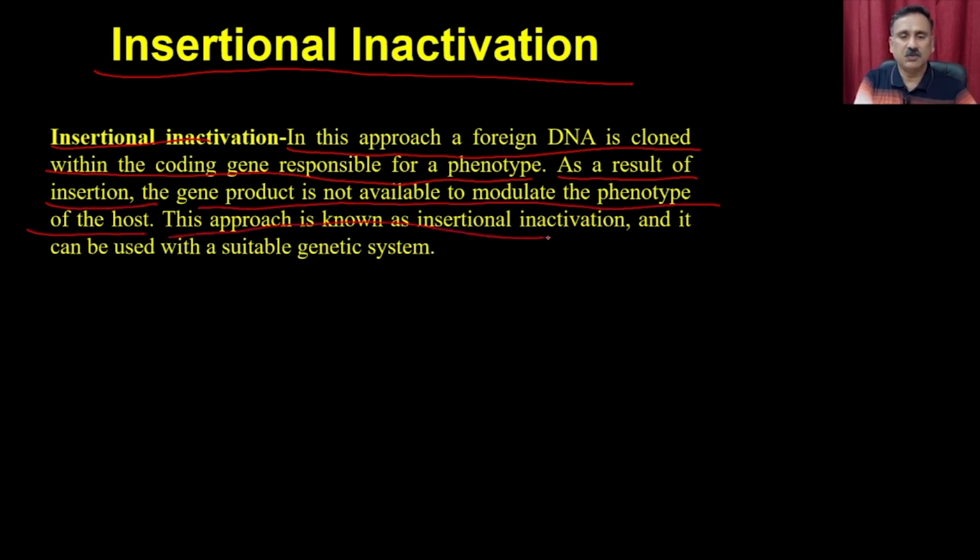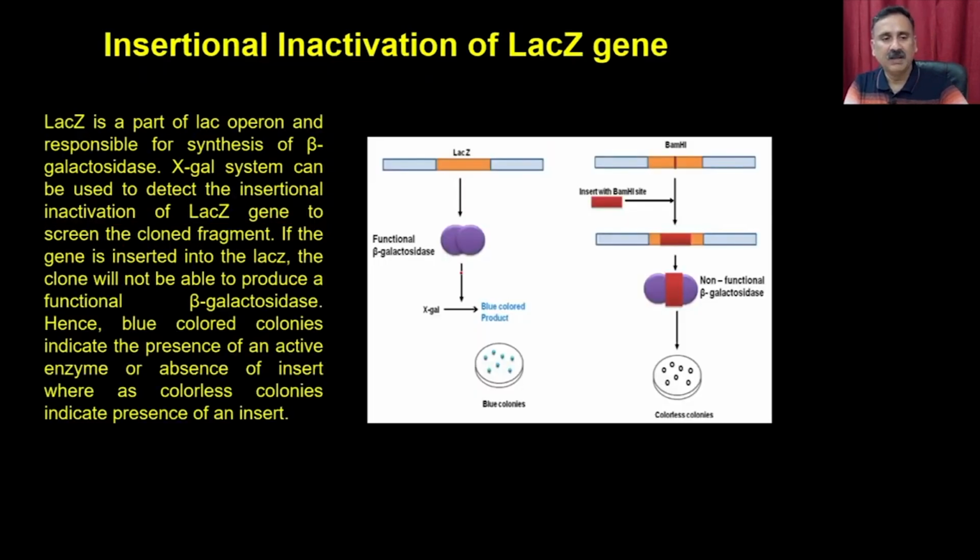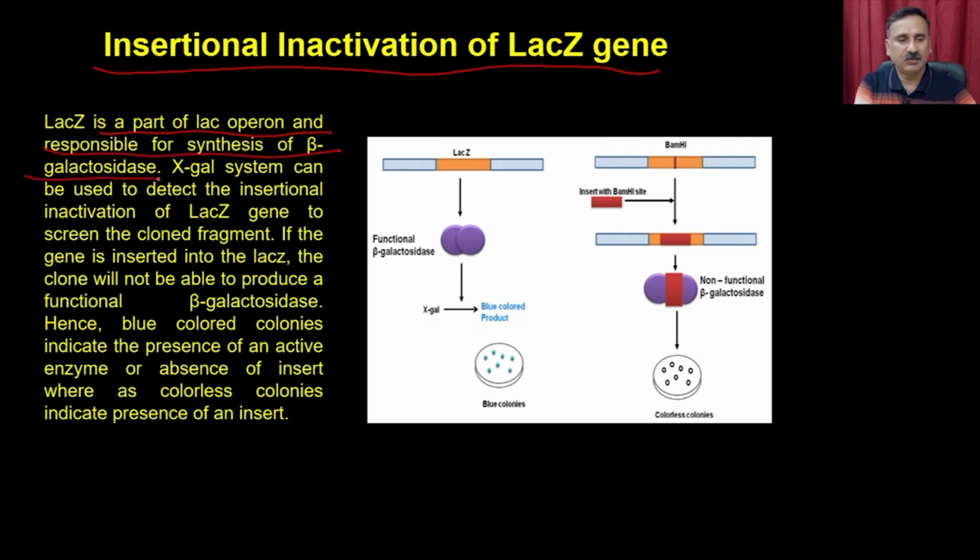This approach is known as insertional inactivation, and it can be used for a suitable genetic system. For example, in the insertional inactivation of LacZ, right? LacZ is a part of the lac operon and it is responsible for the synthesis of beta-galactosidase.